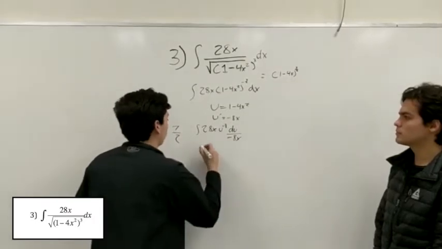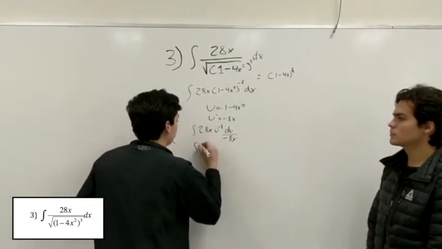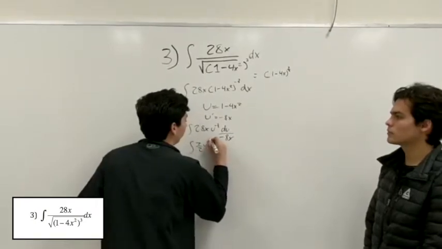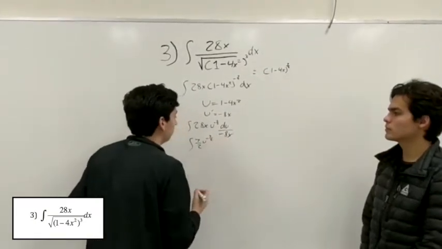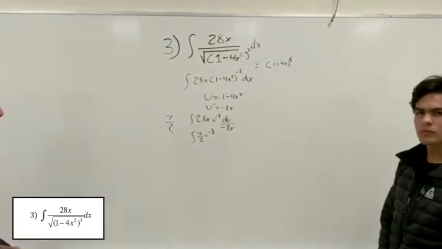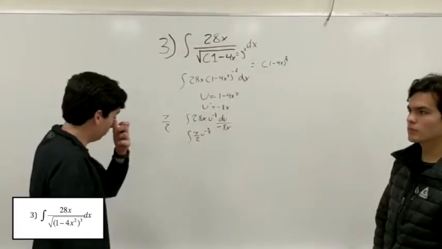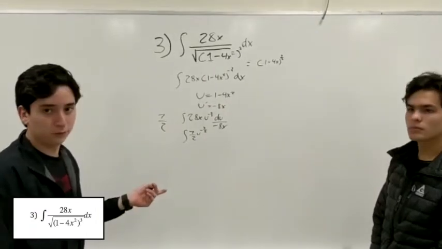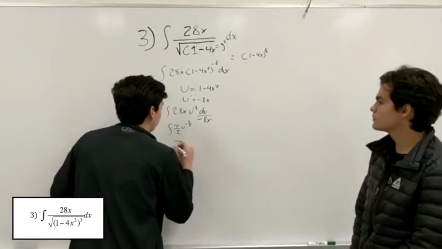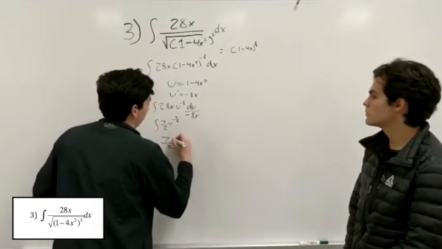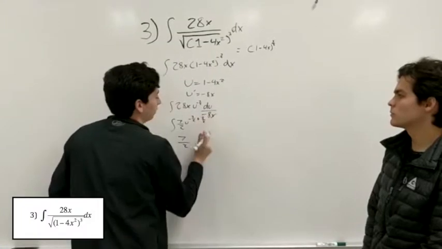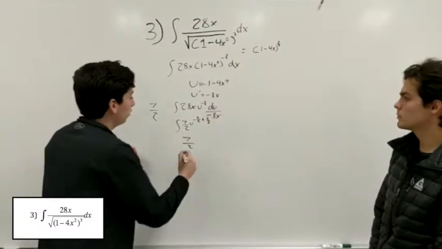So integration sign 7/2 u to the negative 3/2. That is your final equation. And you have to integrate now. So 7/2 u, plus 1 plus 2/2 because that's basically 1.